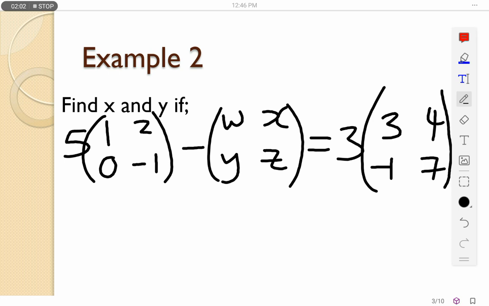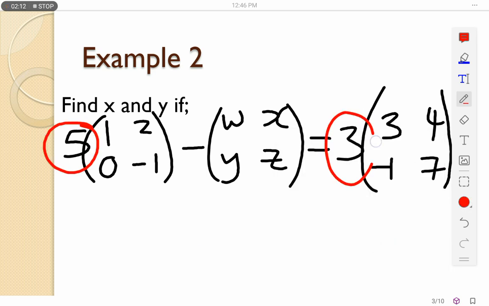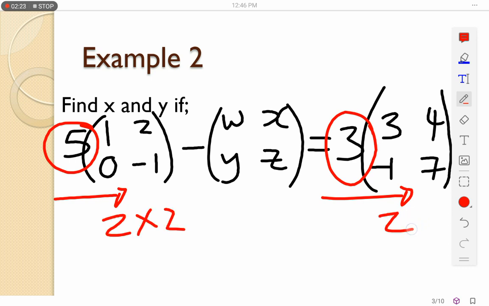So what happens here is this. Before we do anything, we first multiply our scalars inside. We multiply and get the values. We put our scalar inside so that we have a 2 by 2 matrix here without a scalar, and a 2 by 2 matrix here without a scalar. Let's do that.